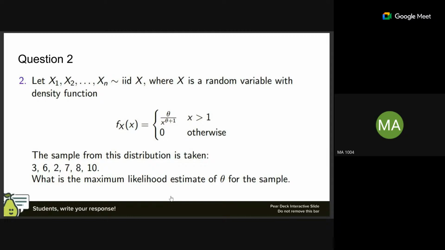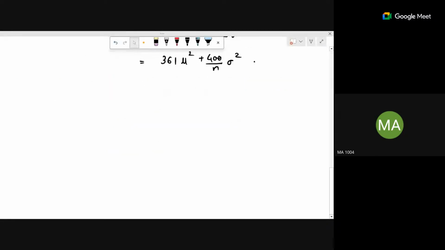Okay, let's check how to solve this. So nothing new there. We have to first find the likelihood function for that.